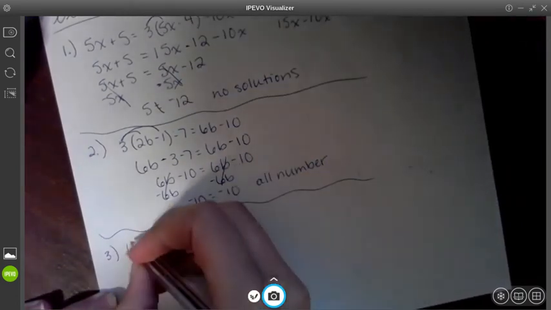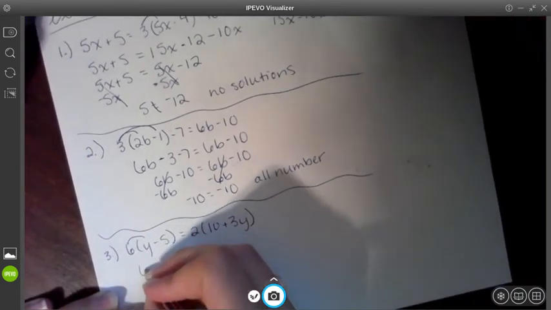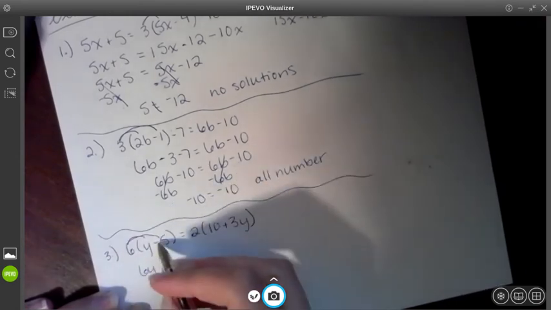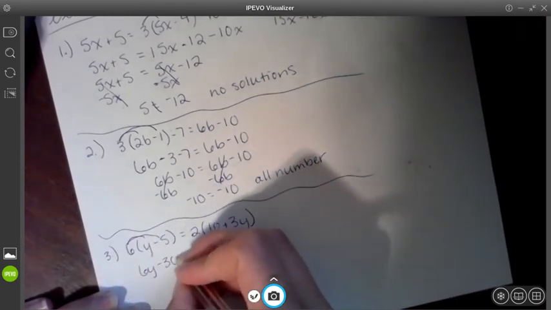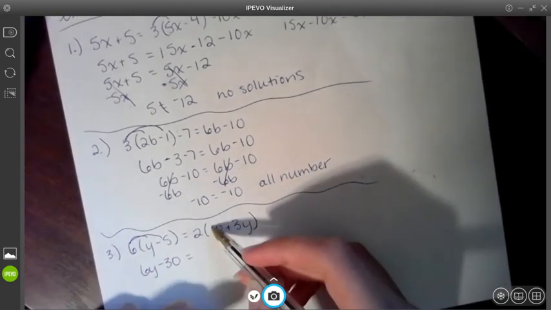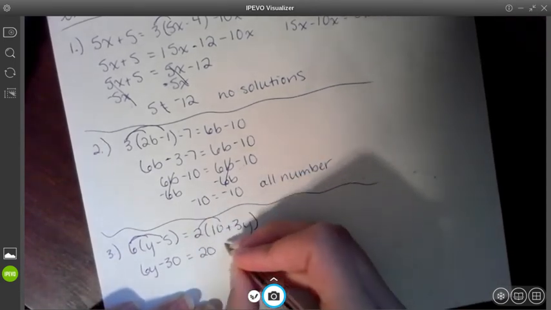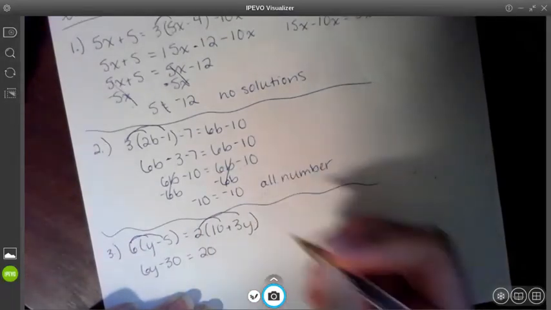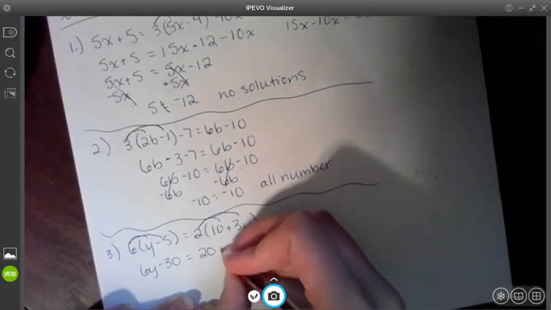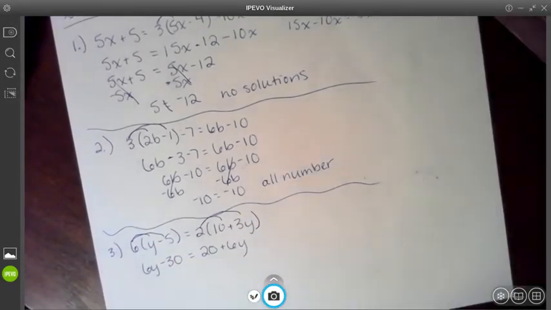Just distribute right away, all right? 6 times y, that's 6y. 6 times minus 5, that's minus 30. Okay, going to distribute on this side too. 2 times 10, that's 20. 2 times plus 3y, that's plus 6y.